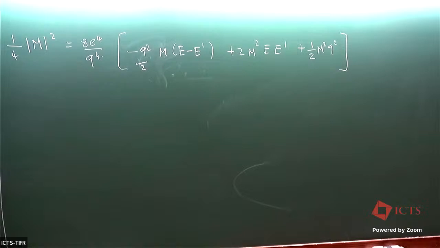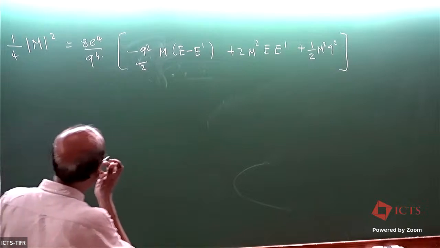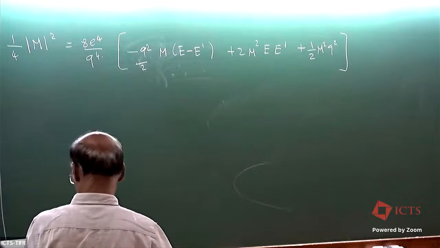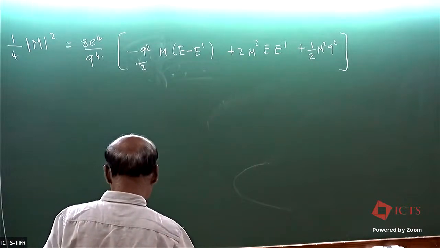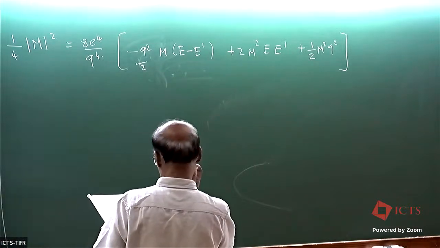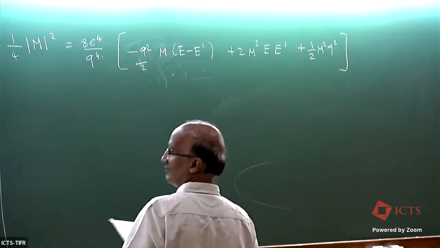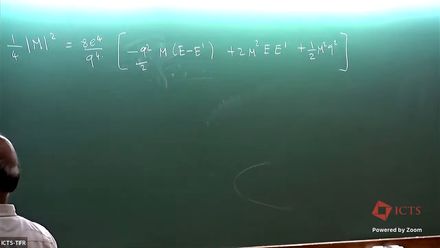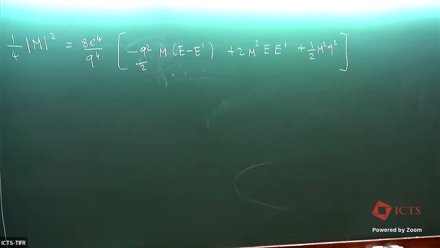What is that? m into (E minus E prime). This one is actually 2m into (E minus E prime), equal to 0 on the left hand side.